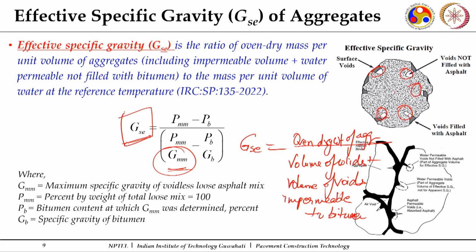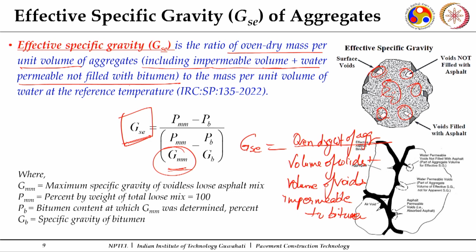So now, important here, we can understand, it says it is the ratio of oven dry mass per unit volume of aggregates including impermeable volume plus water permeable voids not filled with bitumen. So this is the impermeable one, plus the ones which are permeable to water but not permeable to bitumen.